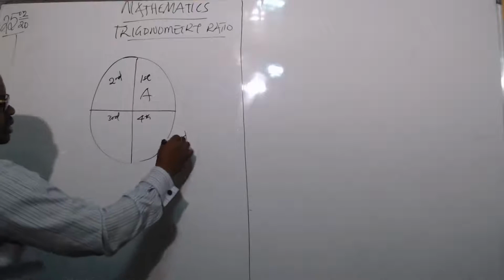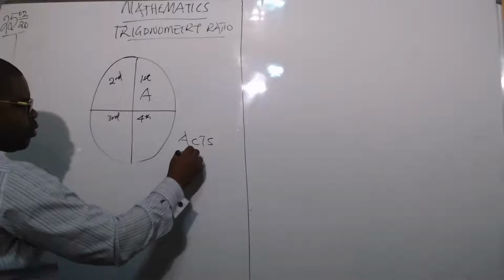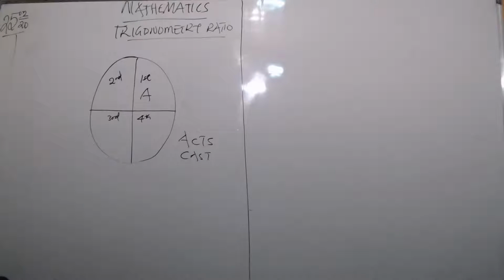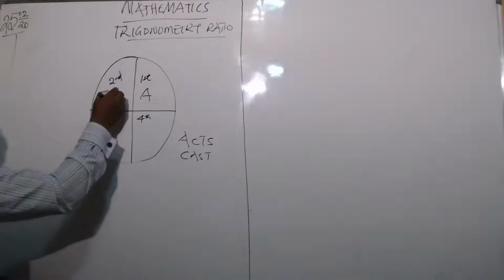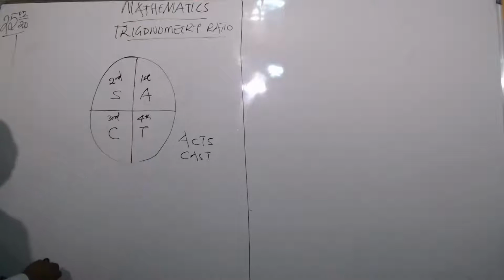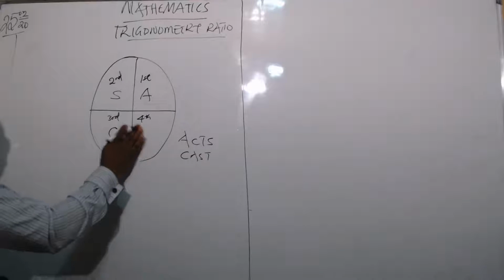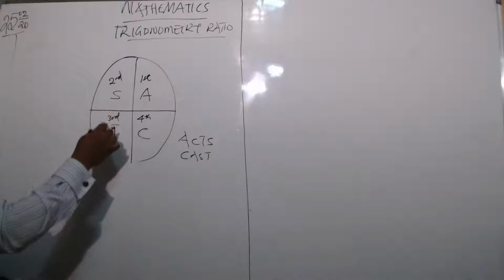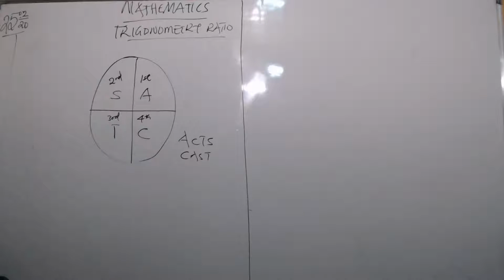When we remember this, ASTC, it helps us get the sign of the ratios. Like if you have S, we have C, and we have T, and A around it. So we have ASTC.